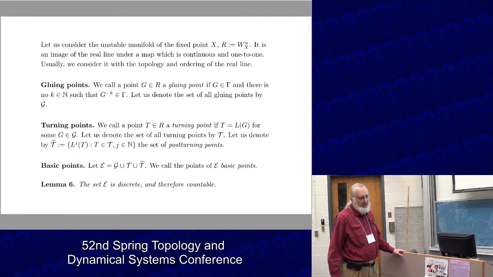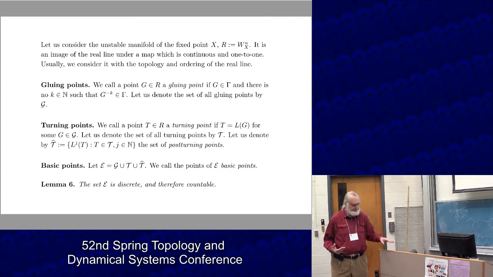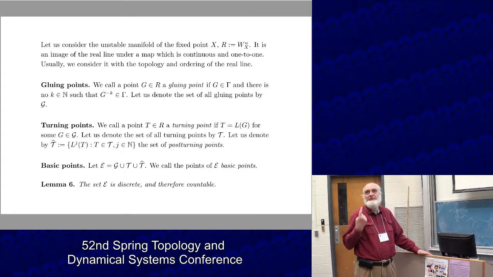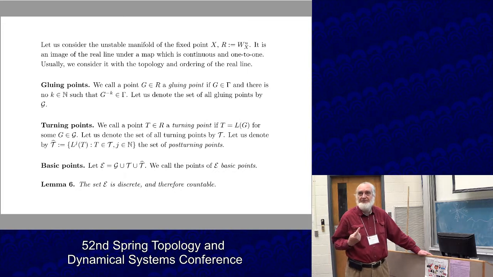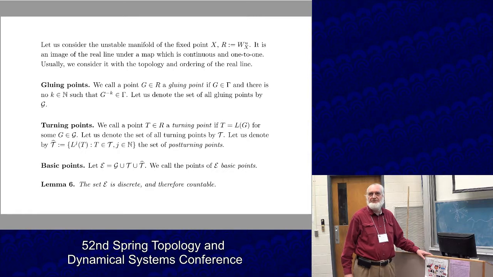And what are kneading sequences? You take all turning points and find itineraries of those points. For the tent map, for example, or for the quadratic map and unimodal map, you have just one kneading sequence because you have one turning point. Here we have countably many turning points.